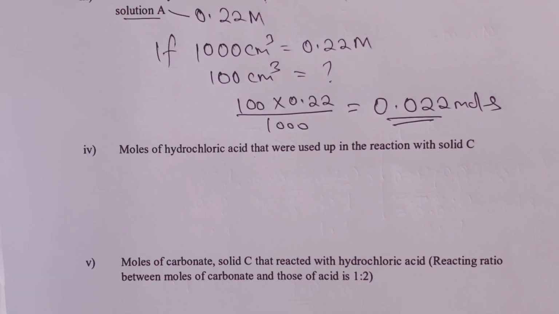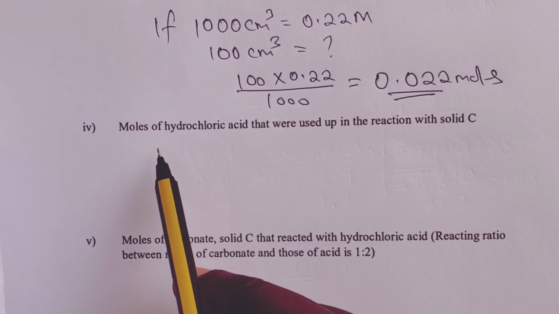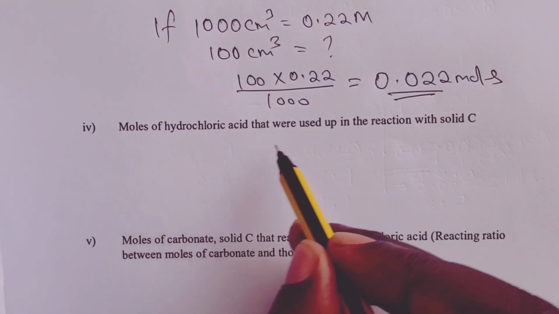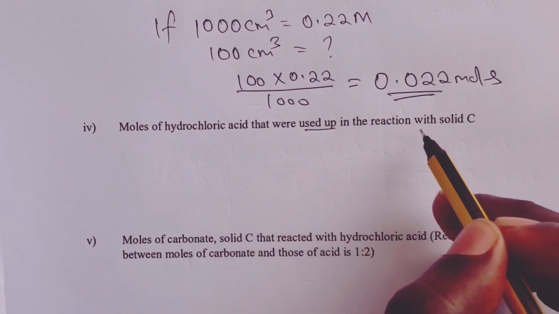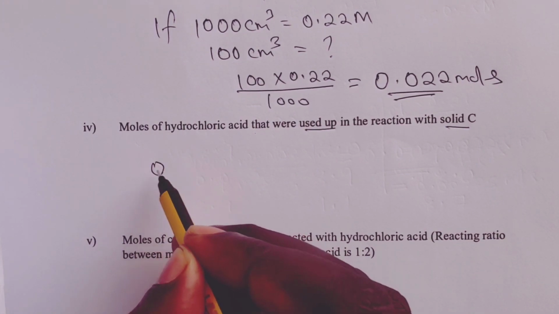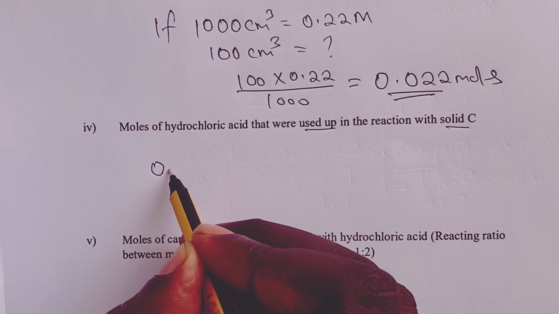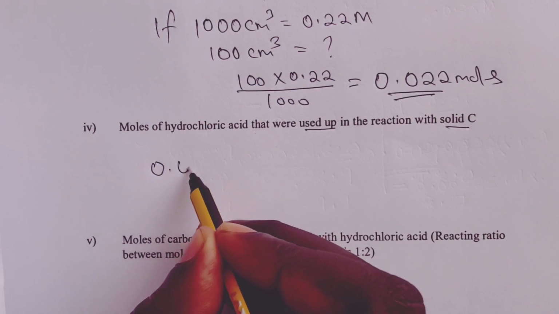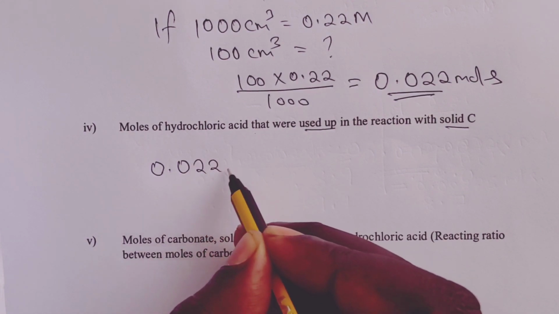To the next question, we are asked to calculate moles of hydrochloric acid that were used up in the reaction with solid C. So originally, moles of hydrochloric acid in 100 cubic centimeters of solution A were 0.022.